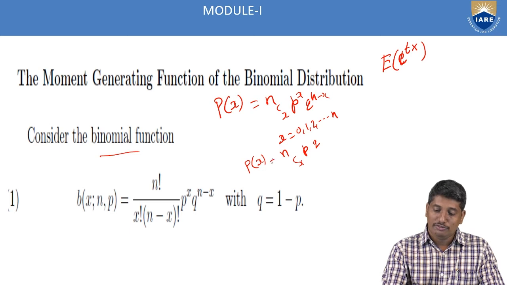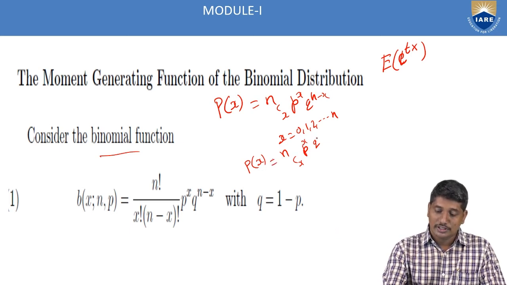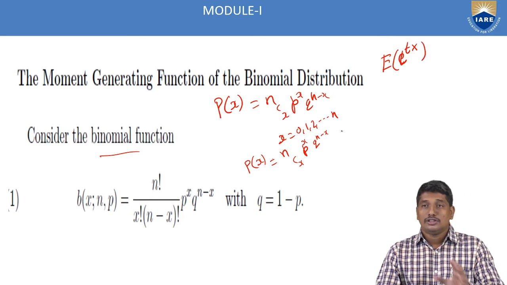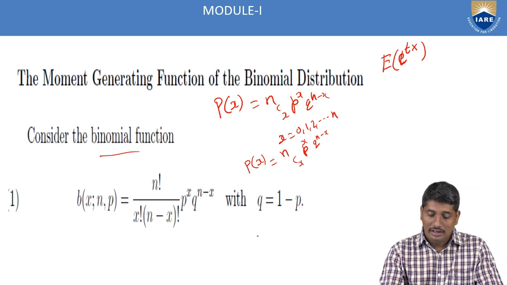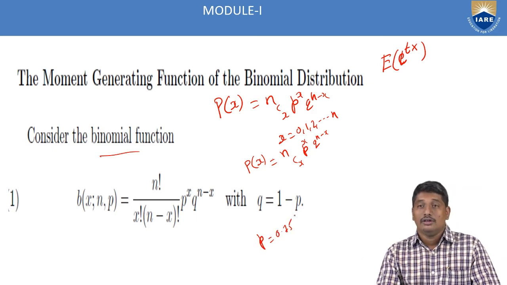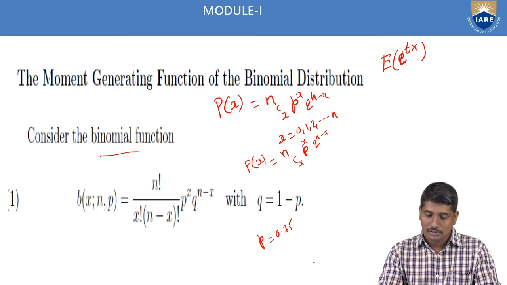So the probability of winning x times over n trials is nothing but nCx p power x q power n minus x. Suppose you are playing a bowling game. You have a record of 75 percent. That means whenever you make 4 trials, you succeed 3 times in hitting the stump with your ball, and your failure rate is 0.25.